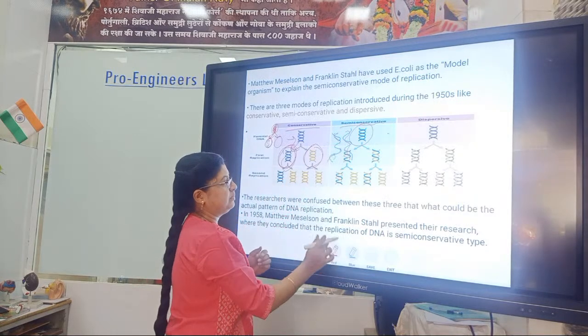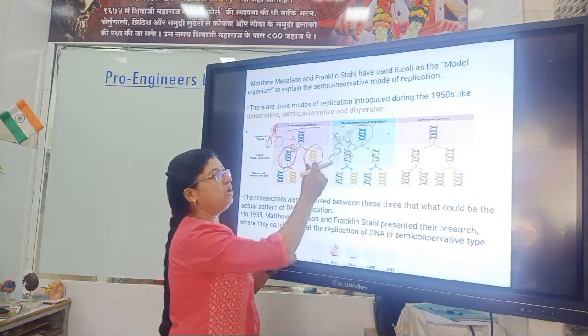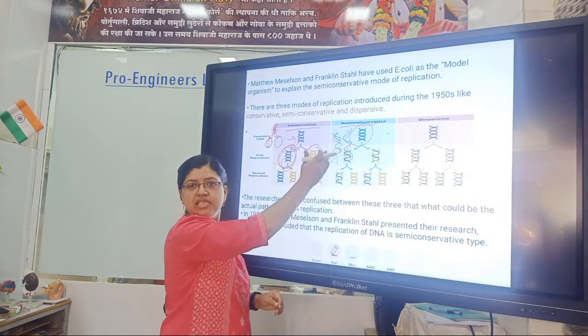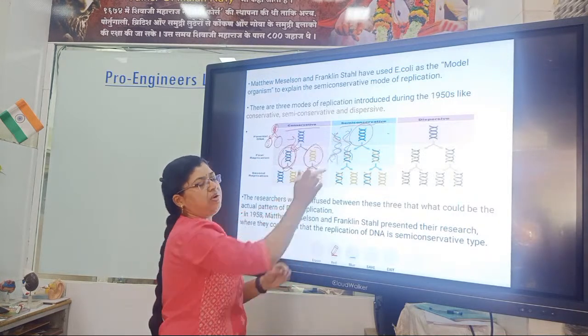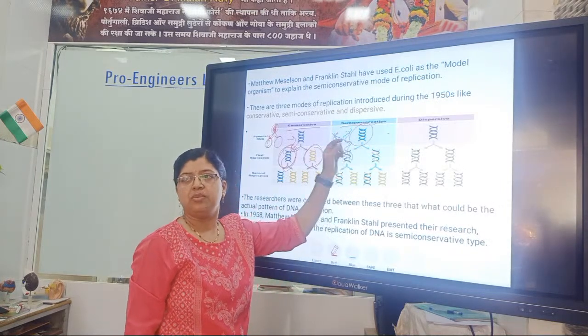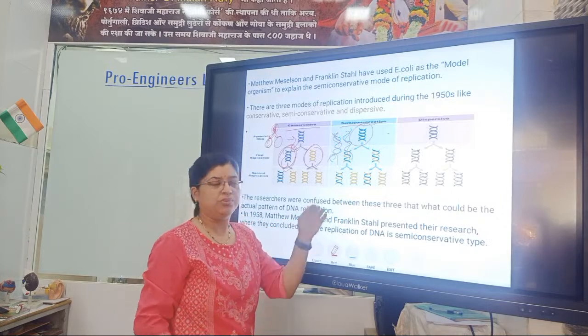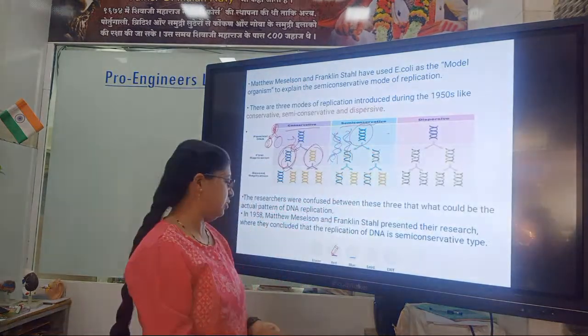That means 50% of the genetic material is transferred to the first cell and 50% to the second cell. This is the semi-conservative model, right? Got it?